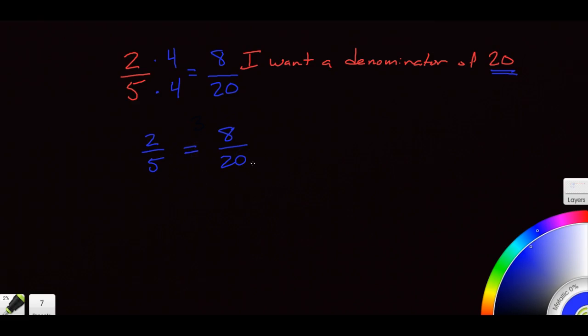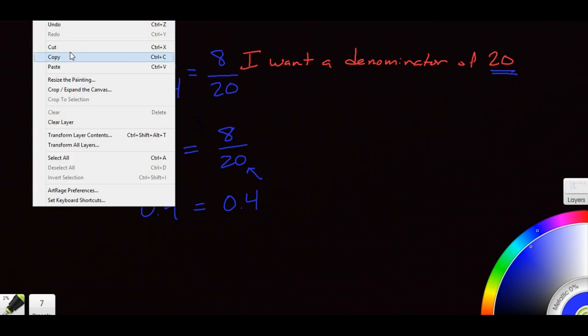If you did 2 divided by 5 in your calculator, you would get 0.4. If you did 8 divided by 20 in your calculator, you would get 0.4. So those two fractions are actually equal to each other, even though they have different denominators. So when I change one part of a fraction using multiplication, I have to change the other part as well.